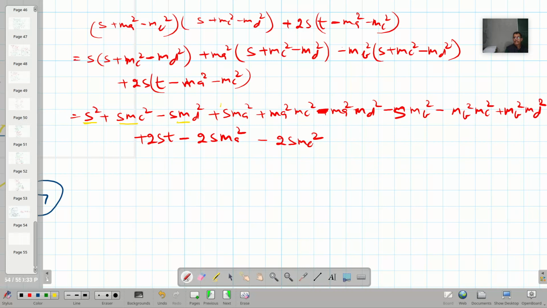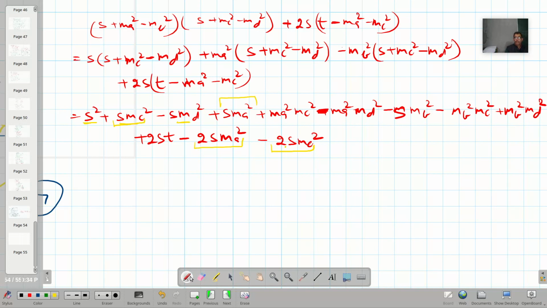And there is s·m_a square, 2 s·m_a square. So it is plus, it is minus, so we will remain with only one term, and this is plus and this is minus, so both can be put together, and s·m_b square will be there only one term, right?